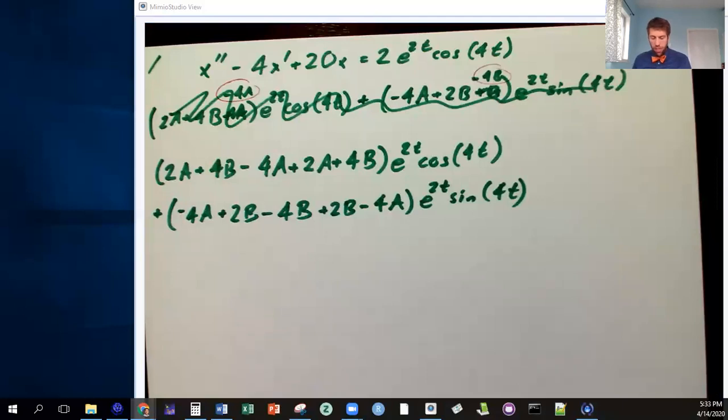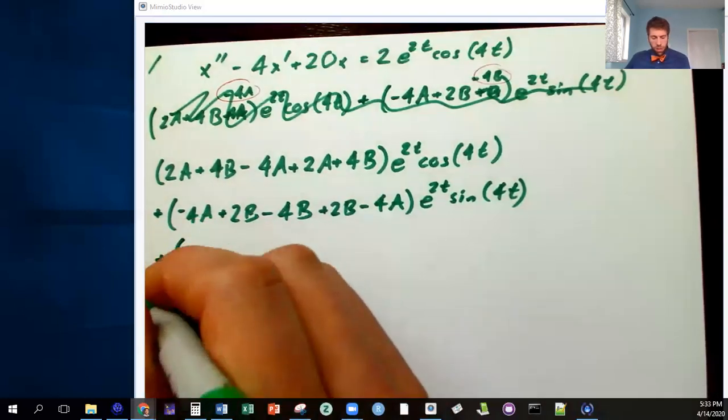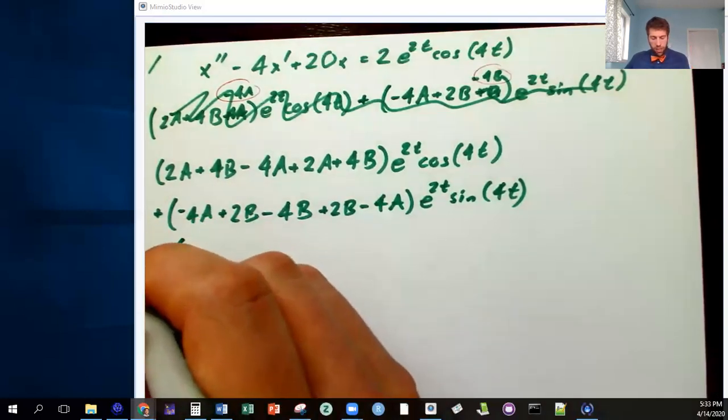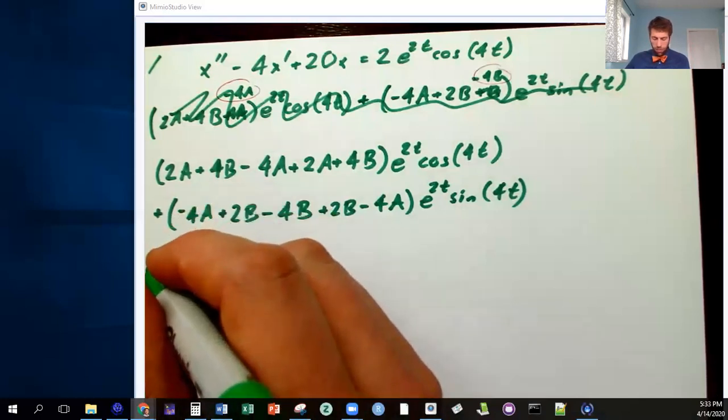I've got t e to the 2t cosine 4t and t e to the 2t sine 4t. So we'll do the cosine one first. So then plus t e to the 2t cosine 4t. It shows up twice.